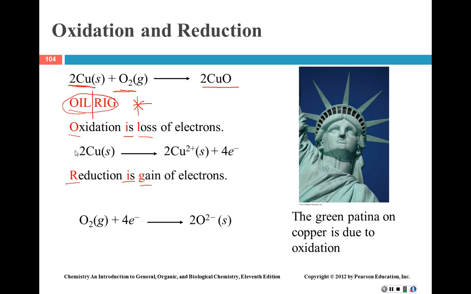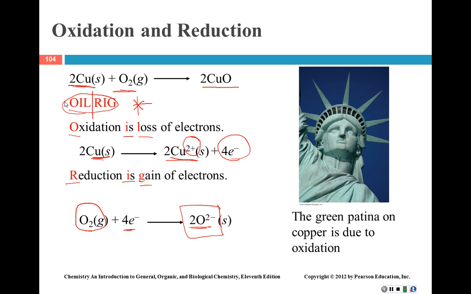You're having an oxidation of copper, so you have copper metal, the shiny nice stuff, that's going to a copper ion, and in order for that to happen, it's losing 4 electrons, while oxygen is gaining 4 electrons, and so you get 2 of the oxygen ions.